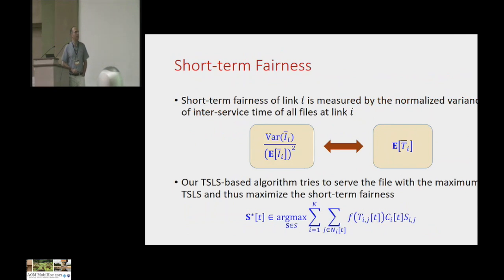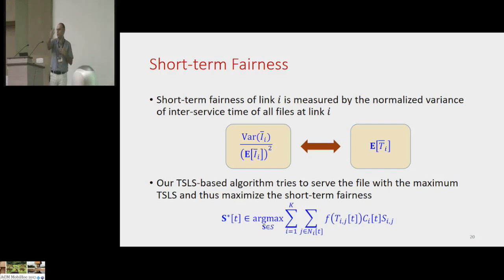Now that we have this policy and the throughput optimality, we want to understand further nice properties of the algorithm. One of them is short-term fairness, which has to do with the variability of the inter-service times. From a packets or files perspective, what you care about is periodic service.